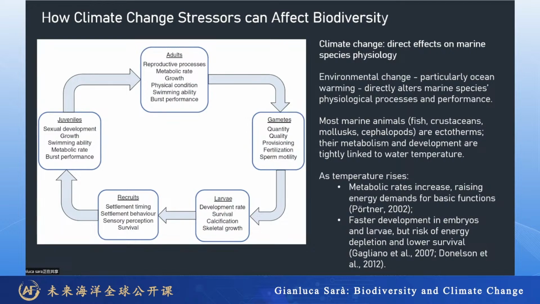In this case, we use the dynamic energy budget model just to simulate the effects on metabolic rates. In this case, we have this nice diagram showing which different life stages are affected by climate change, the increase in temperature.